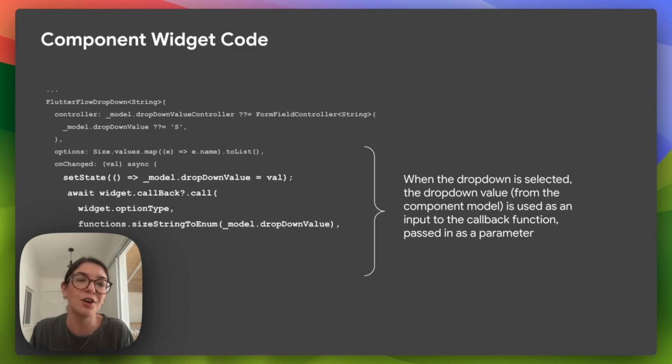And in the generated code, we can see it looks just like what we would write by hand. So we have this drop-down widget, and when the value is changed, so on change, that property is just a callback function. And you can see we're setting state and using the drop-down value, all that good stuff.